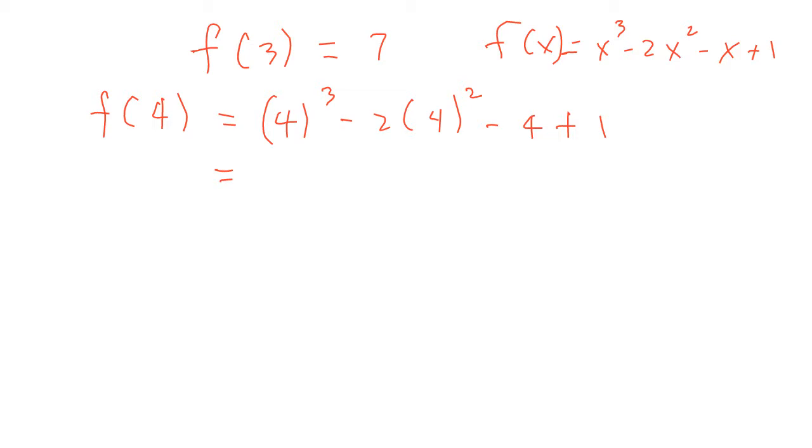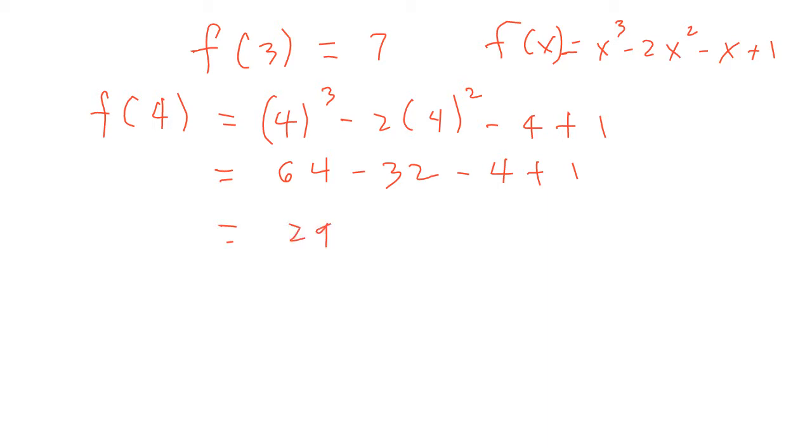So 4 to the power of 3 gives us 64. Minus, we have 4 times 4 is 16, times 2 is negative 32. And then minus 4 plus 1. 64 minus 32 is 32, minus 4 is 28, plus 1 is 29.